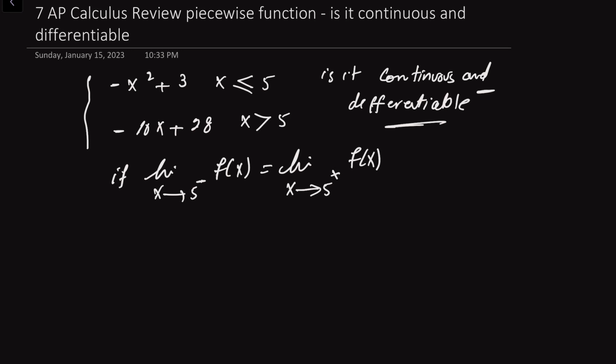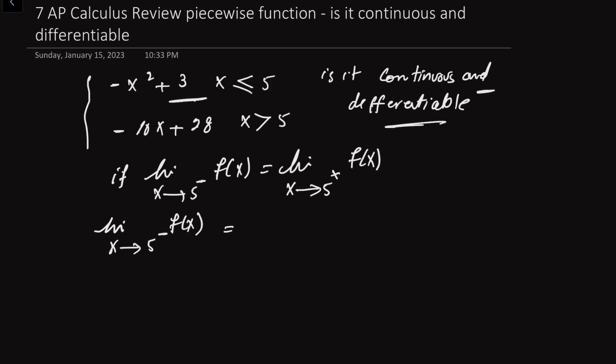To prove it, the limit of the function as we approach 5 from the left must equal the limit as we approach 5 from the right. So let's try the limit as x approaches 5 from the left of f of x. We use the first equation because this is from the left, x less than or equal to 5.